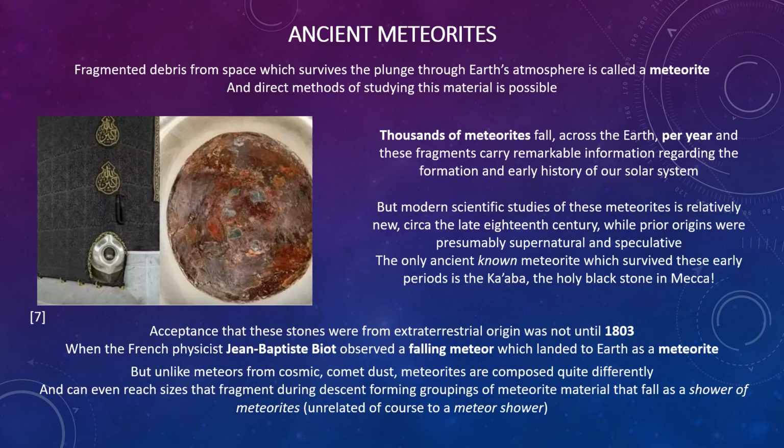And unlike meteors from cosmic comet dust, meteorites are composed very differently and can reach very large fragment sizes. And so during the descent, these can form groupings, and we see them fall as a shower of meteorites, which is different from a meteor shower. So when these larger rocks are entering our atmosphere and break apart into smaller ones, and then they all land, these are showers of meteorites, which are different from meteor showers.